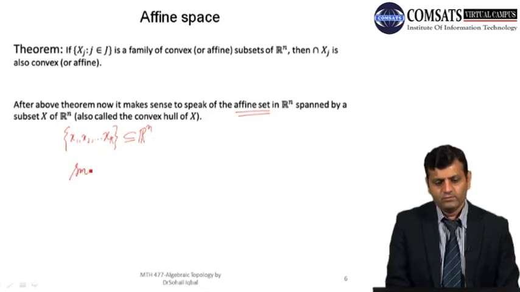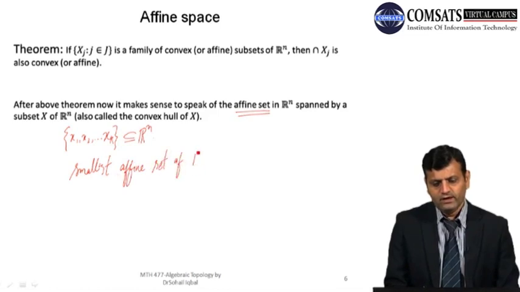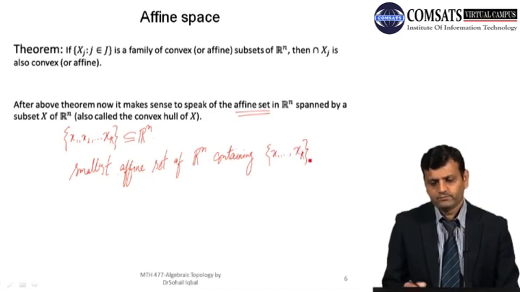Now I can talk about the smallest affine set of Rn containing these k points, x1 up to xk.